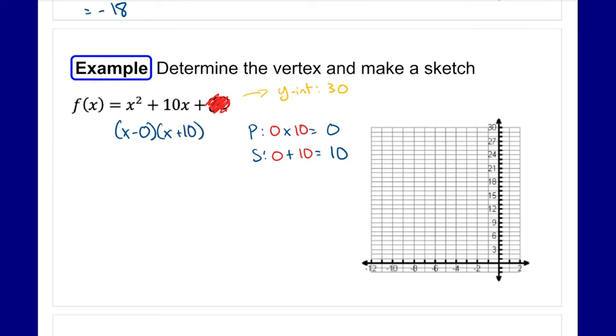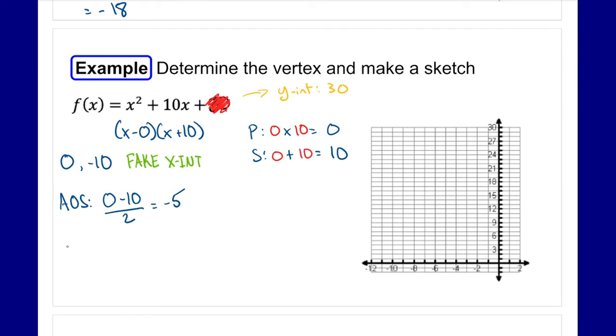So my two fake x-intercepts would be 0, negative 10. Again, remember, these are the fake x-intercepts. I'm only using them to find the axis of symmetry, which we know from the previous one. 0 minus 10 divided by 2 is negative 5.